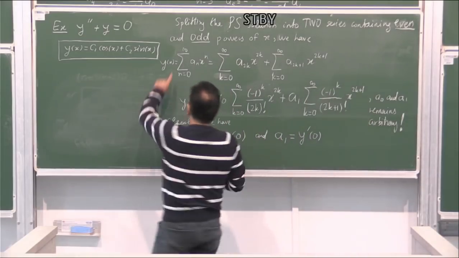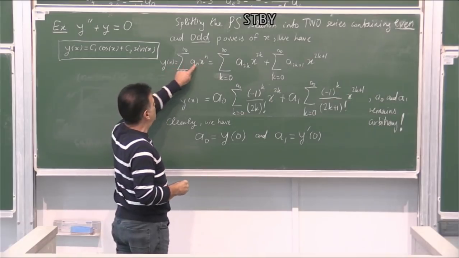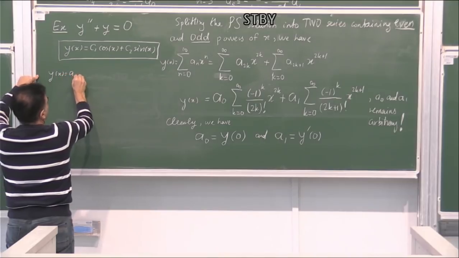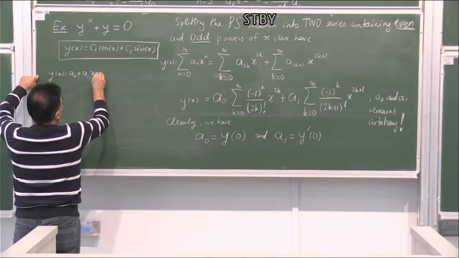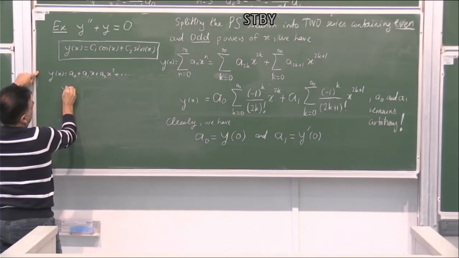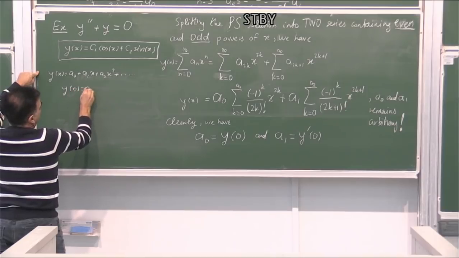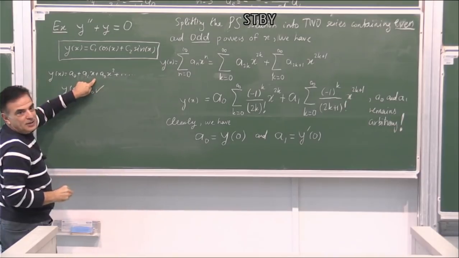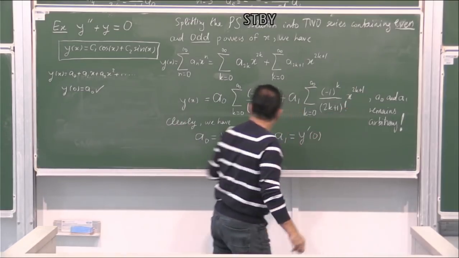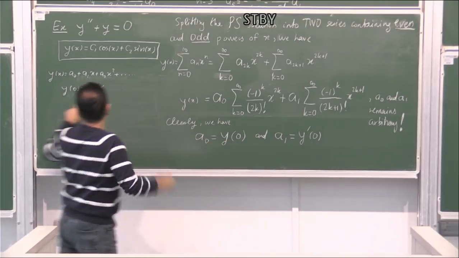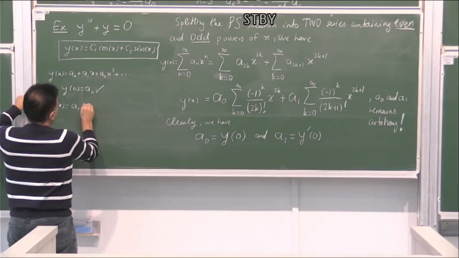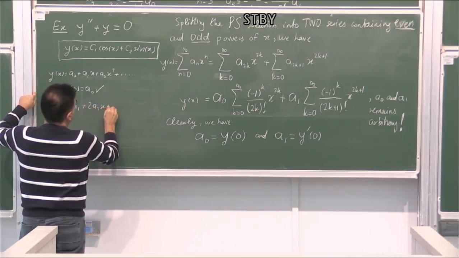Actually, look, if you think that this is the series under consideration, from y of x written explicitly, a0, a1 x, a2 x squared, and so on. Look, y of 0 is a0. Put x equal to 0. We understand that a0 is nothing but y of 0. And similarly, from y prime, a1 plus 2 a2 x, and so on.